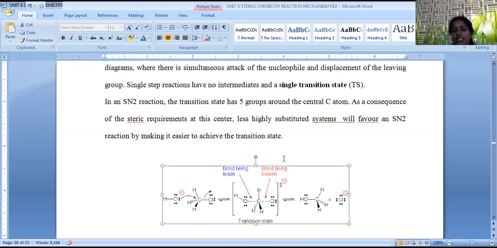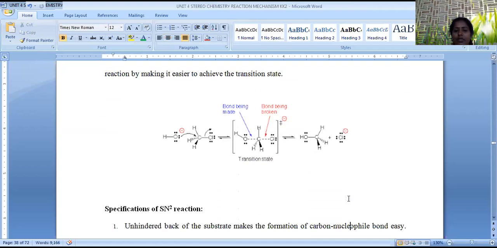Hence, it is considered a transition state. In this transition state, slowly this bond is cleaved and this bond is formed, and finally we get the product with inverted configuration along with the byproduct chloride.